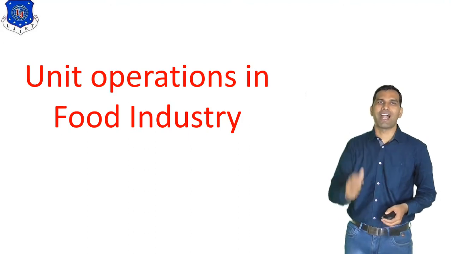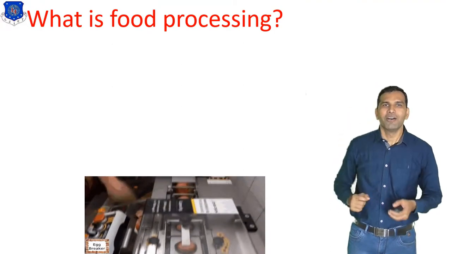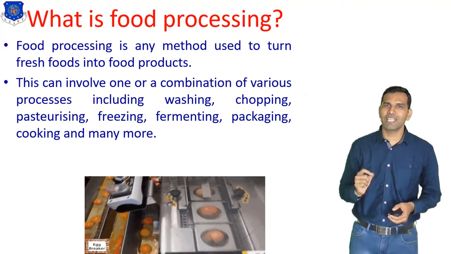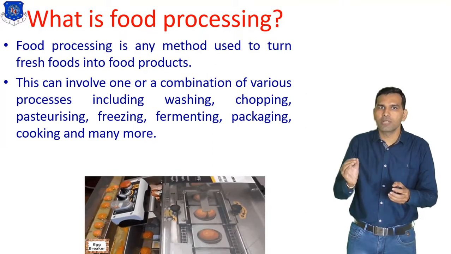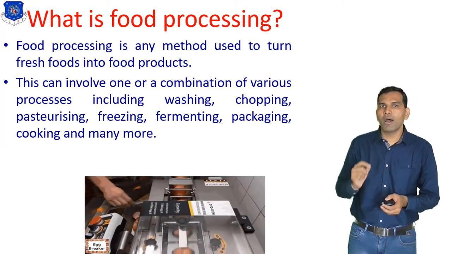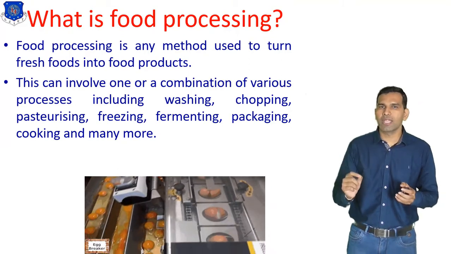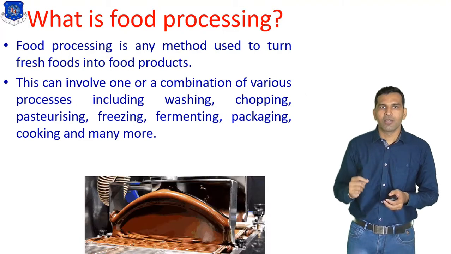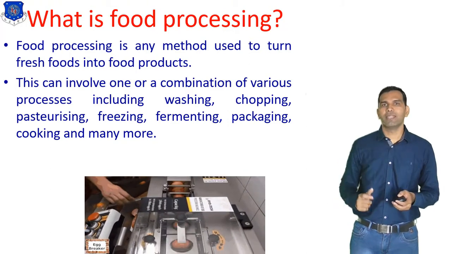So now we start. First, one question comes to our mind. What is food processing? The answer is, food processing is any method used to turn fresh foods into food products. This can involve one or a combination of various processes including washing, cooking, pasteurizing, freezing, fermenting, packaging and many others.